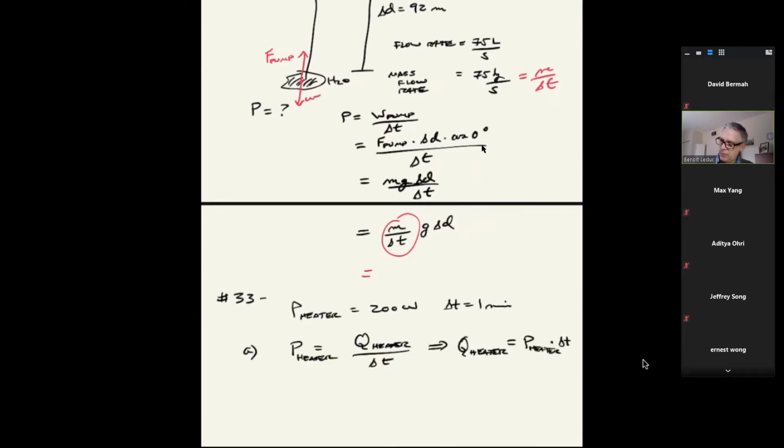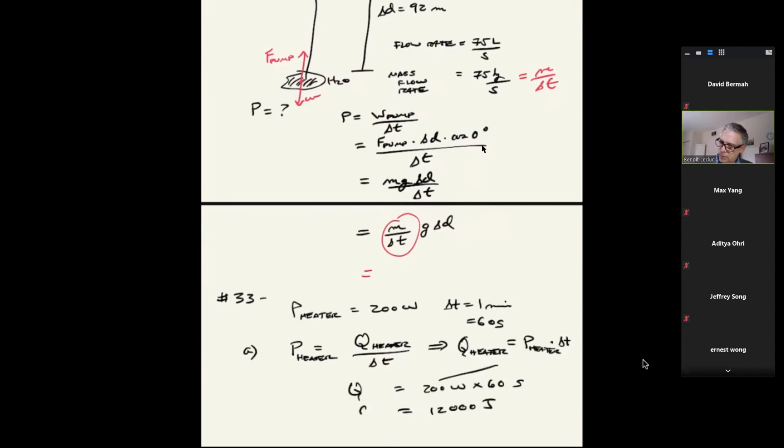Of course, you have to change this into 60 seconds, and then you just plug the values in. Times 60 seconds, and I'll give you 12,000 joule. So that's the energy given off by the heater. Sorry, I made a mistake here. It's not P, it's Q.